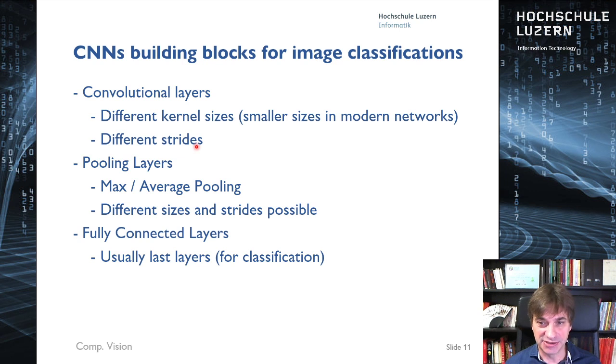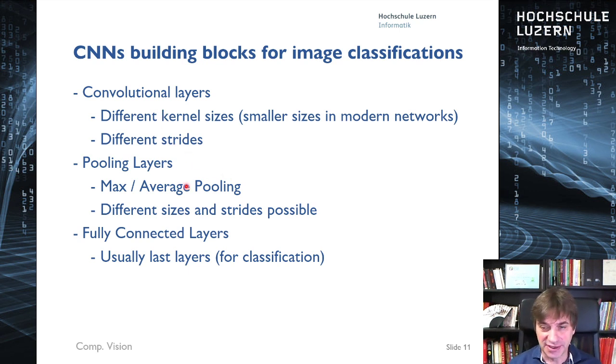So the images get smaller with different strides. By just a convolution, they do not necessarily get smaller. It depends a bit on what you do at the border: if you use valid or same, that is, whether the kernel must fit in the image, or whether you extend the image and fill it with zeros to get a result of the same size.